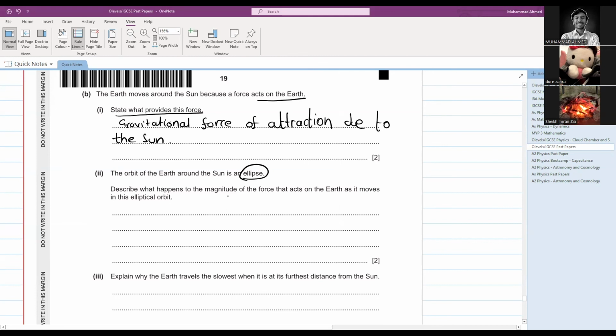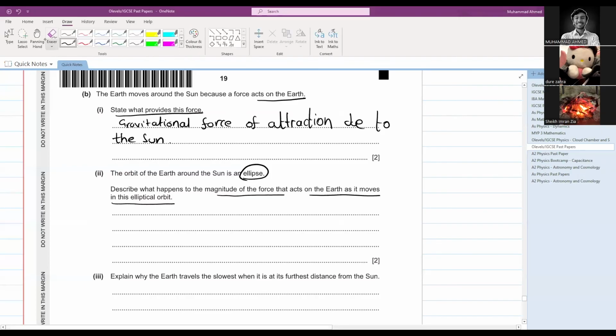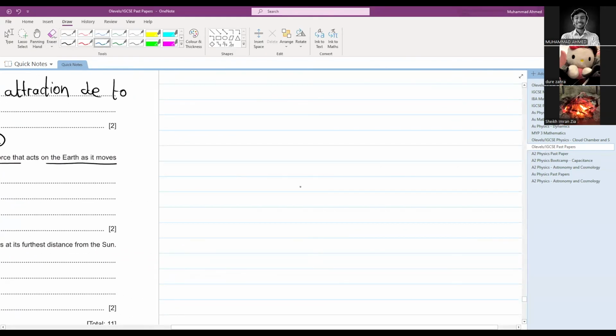Describe what happens to the magnitude of the force that acts on the earth as it moves in an elliptical orbit. Wow, what a beautiful question. Usually we have studied that the sun is in the middle, and the earth rotates in a circular orbit like this. Actually, I have drawn an elliptical orbit here.